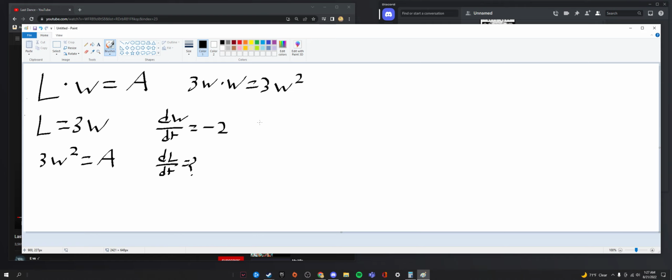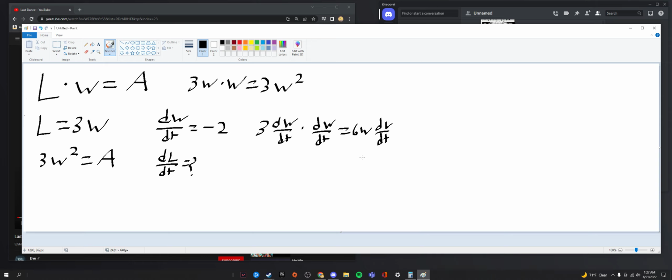If we differentiate both sides, we would just get 3 times dw on dt. This is equal to 6w dw on dt.